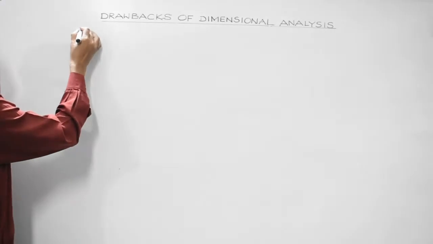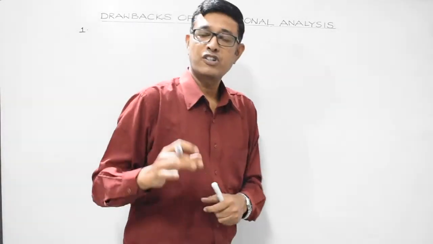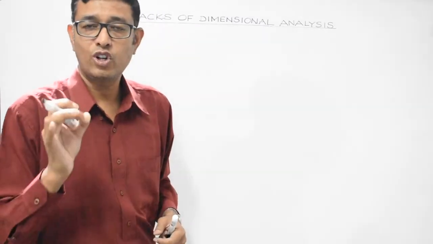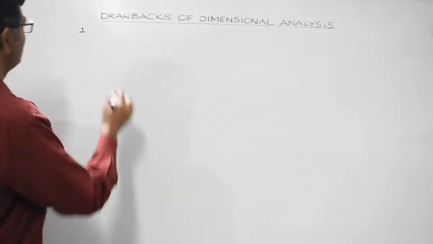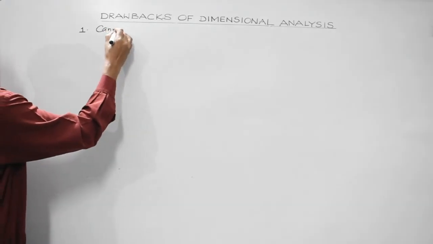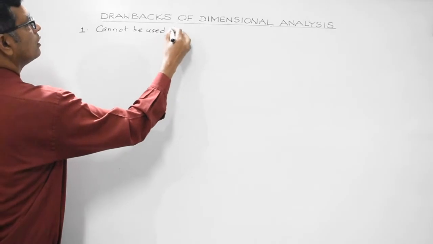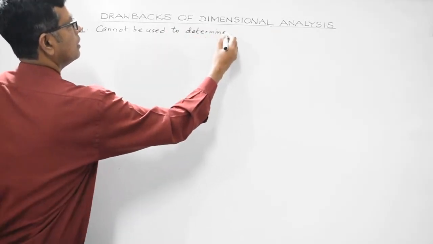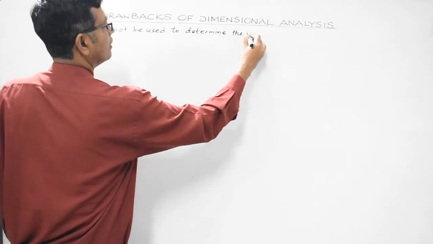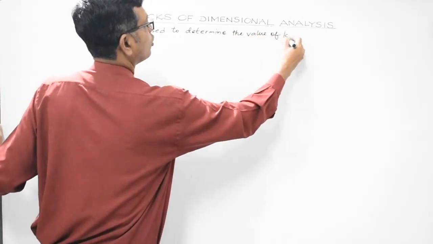So the first drawback is, dimensional analysis cannot be used to determine the value of k, small k, which I have told you numerous times.